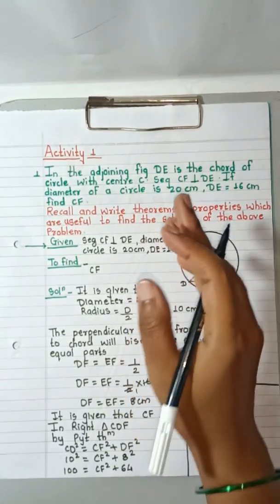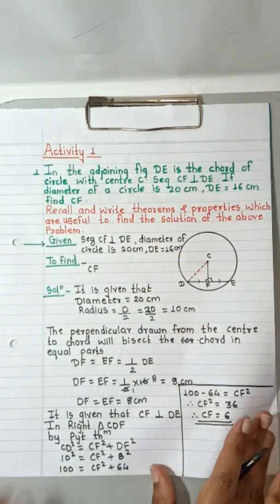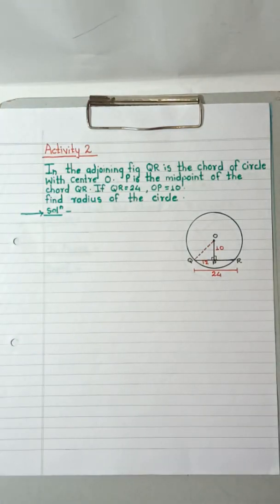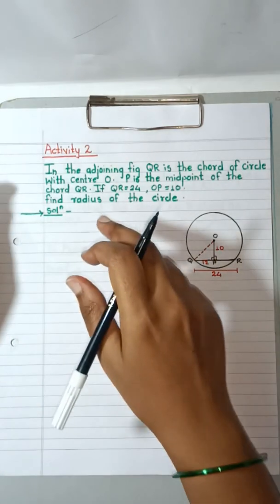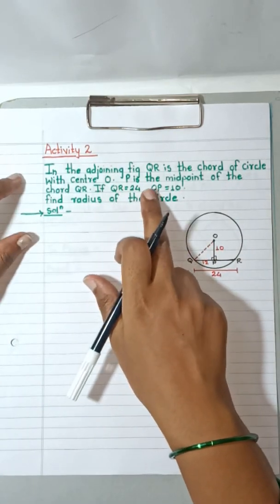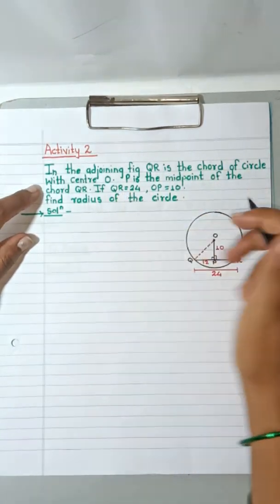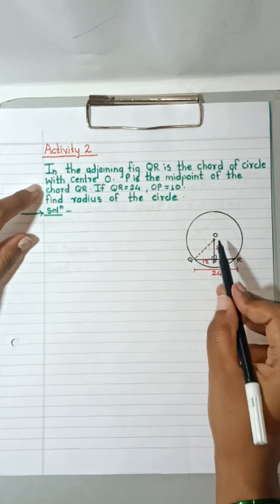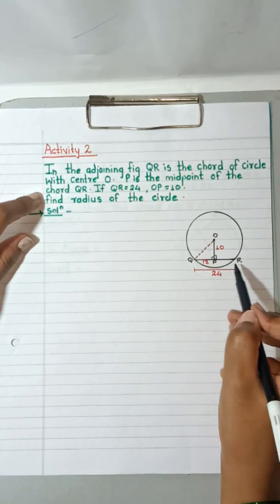Okay, now let us move on towards the activity 2. Now children, in the activity 2, in the adjoining figure, QR is the chord of the circle with center O. You can see this QR is the chord of the circle whose center is O. P is the midpoint of the chord QR.